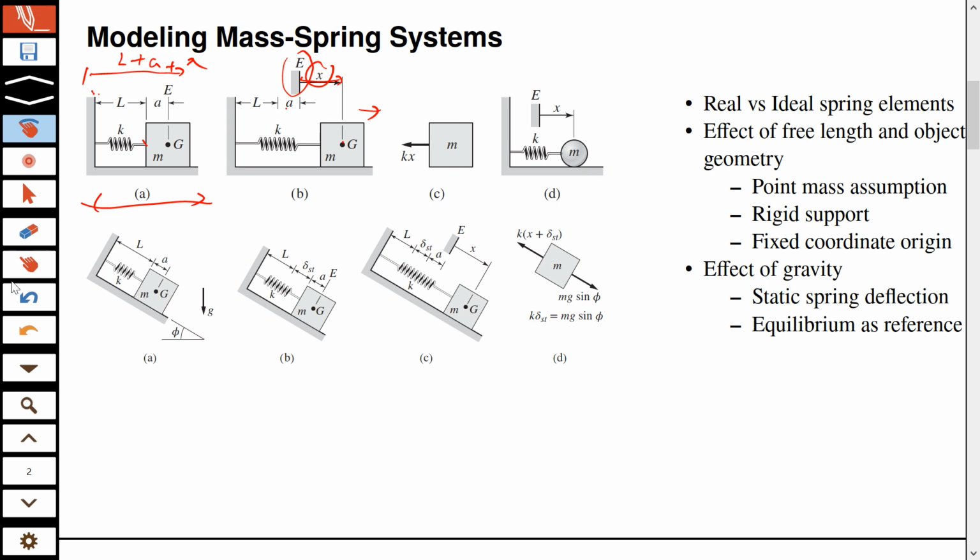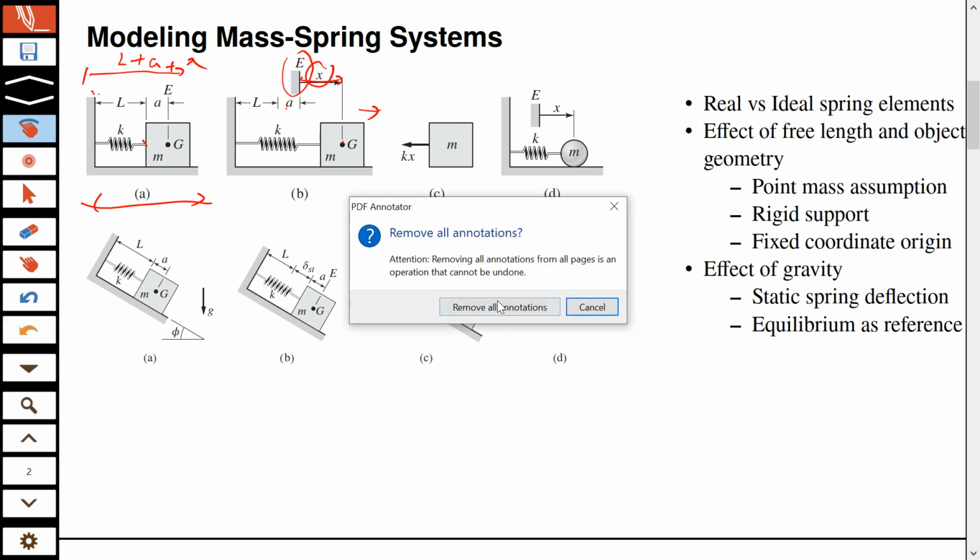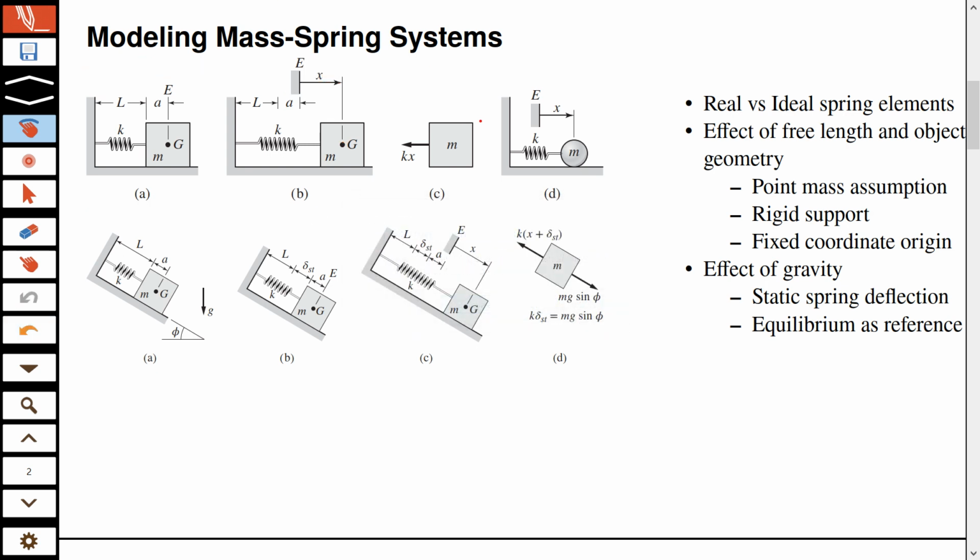We want displacement of the spring only. So that's why E provides us with a fixed coordinate system. You have a fixed coordinate origin. Of course, this is also a fixed coordinate origin, but we don't want to use that. We want to use this as a fixed coordinate origin.